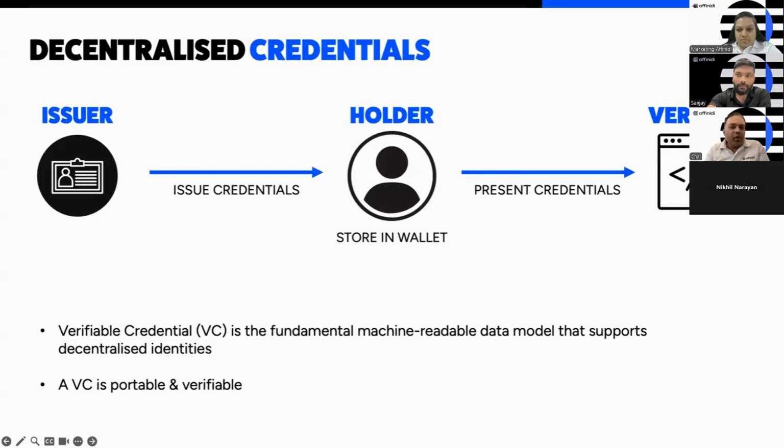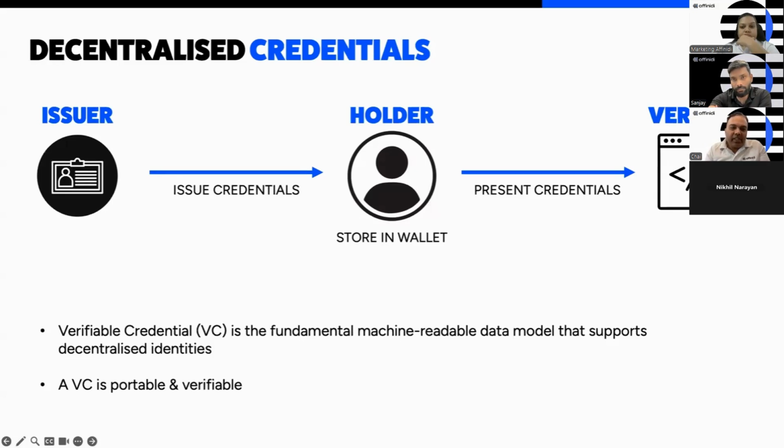We have been talking about the personal data store. If you want to compare it with a centralized database, a database will have a schema. A verifiable credential is a schema for a personal data store in the decentralized tech.